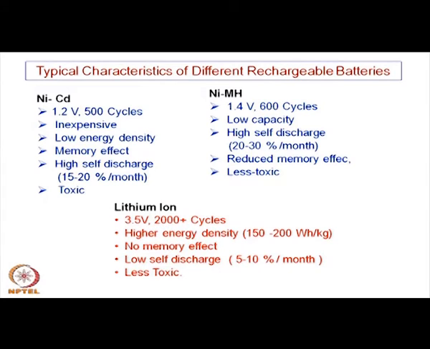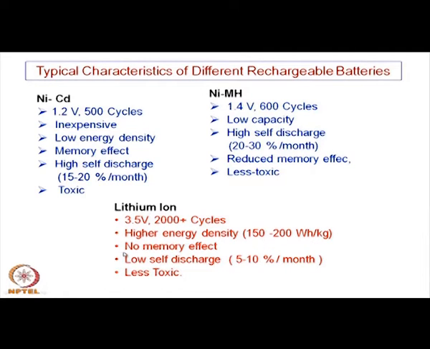In comparison, if you have a lithium ion battery, although the theoretical voltage is about 4.1 volt, the normal voltage in reality is about 3.5 volts, but the life is very long. Compared to 500 to 600 cycles, we have about 2000 cycles plus. So, that is a very attractive feature. And then we have a higher energy density that we have already seen in the earlier slide, that is the highest, 150 to 200 watt hour per kg.